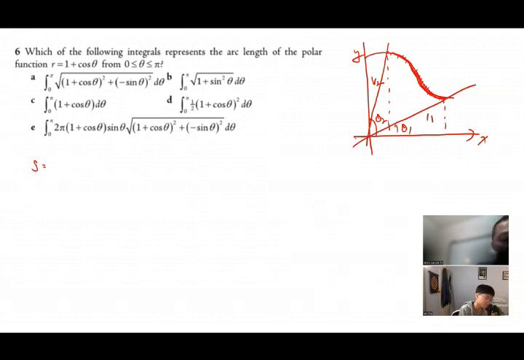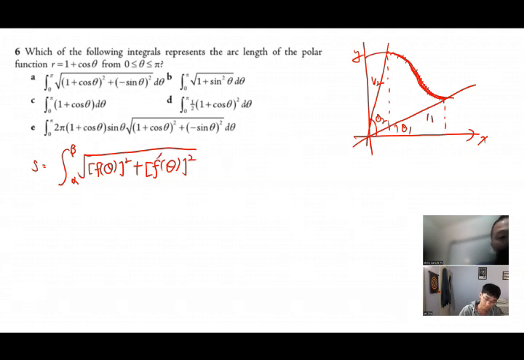The arc length of the polar curve is the integral of the square root of f(theta) squared plus the derivative of f(theta) squared, from alpha to beta.